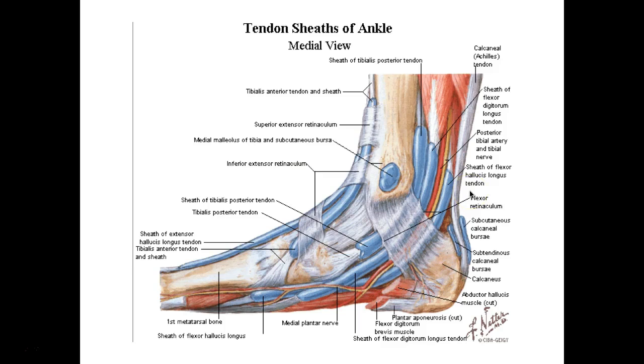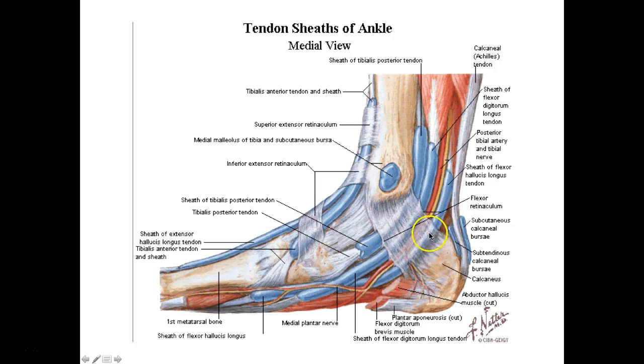So if we are moving posteriorly from this medial malleolus, you can see the tendons of these muscles sitting in order. This would be tibialis posterior, or Tom. This one would be your flexor digitorum longus, so Dick. There's your posterior tibial artery, and your tibial nerve.